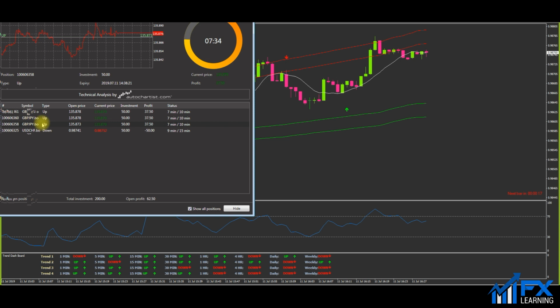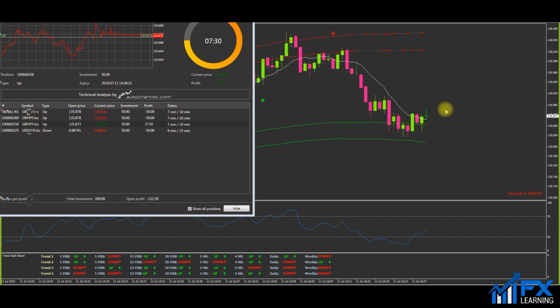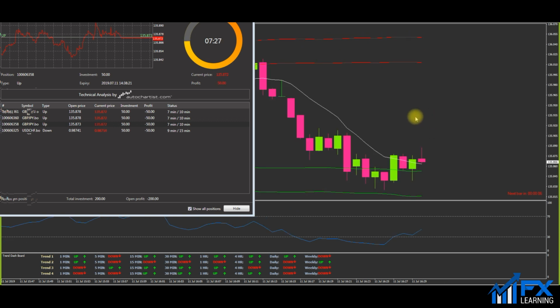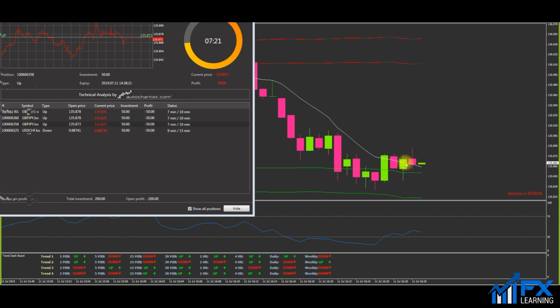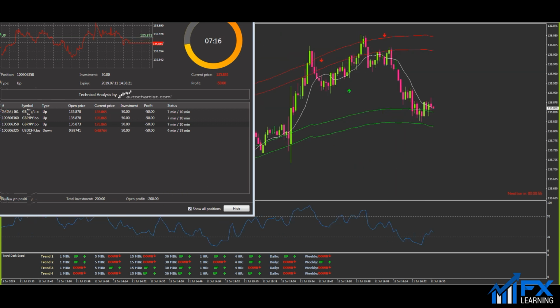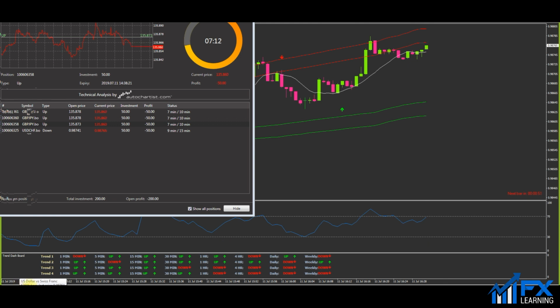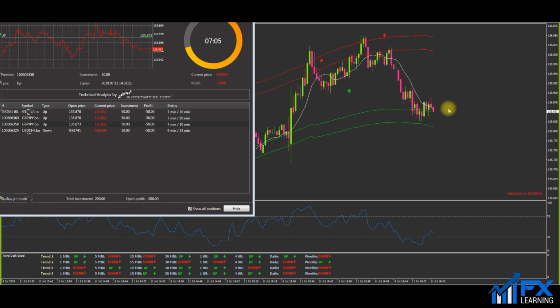I'm pretty sure now, if I just go over to GPJPY, okay, look, we are above the moving average, which is good. Let's hope the price goes above and stays above this moving average. See, that's what I don't like to see. When USD Chef goes up, GPJPY goes down, which is the opposite of what I want to happen.